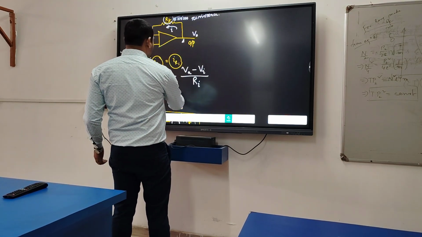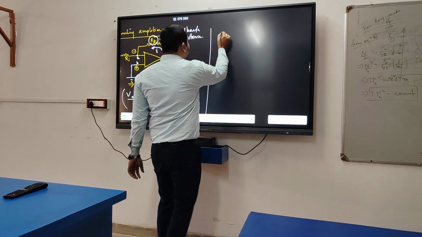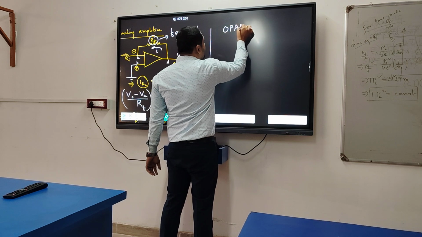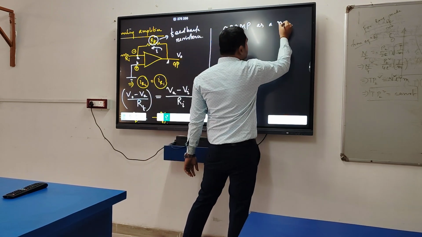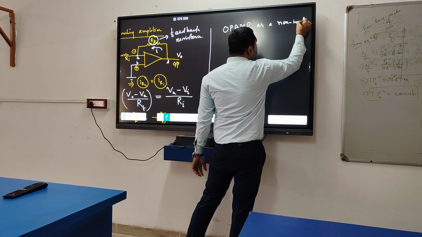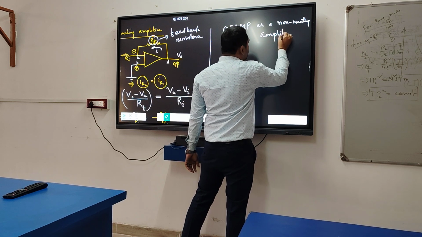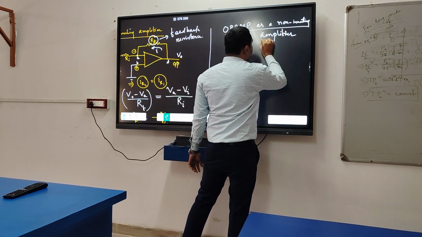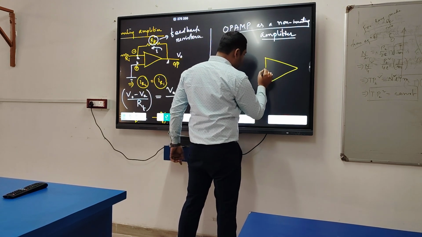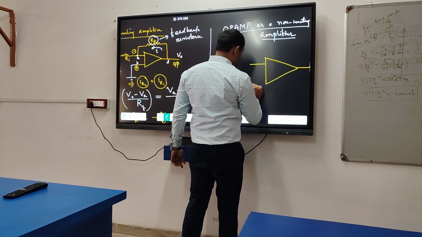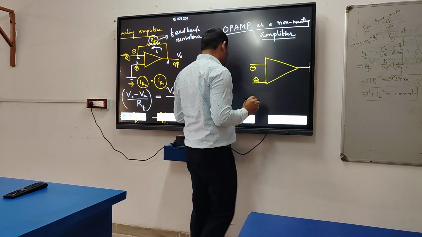Now we are going to discuss the OPAMP as a non-inverting amplifier. For that, like the earlier case, we are taking the OPAMP with an inverting terminal, a non-inverting terminal and the output terminal.